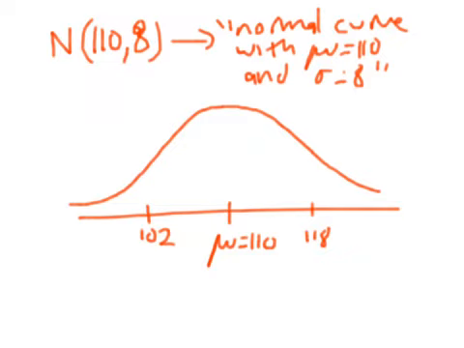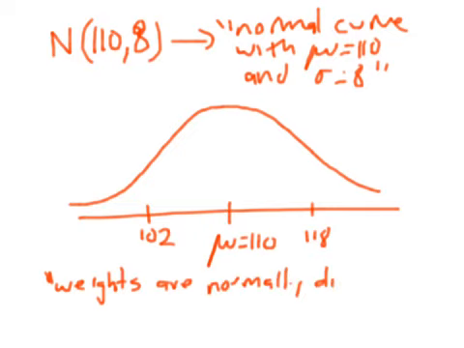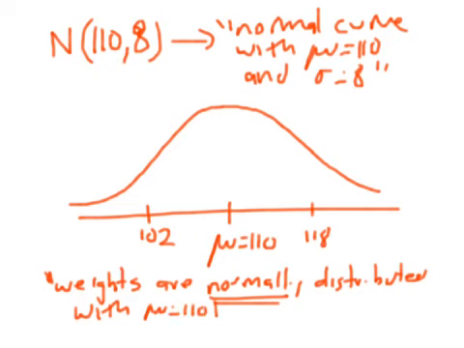For example, you can imagine an 8th grade class where weights of students are normally distributed. Again, this word normal, super duper important, with mu equals 110 pounds and sigma equals 8 pounds.